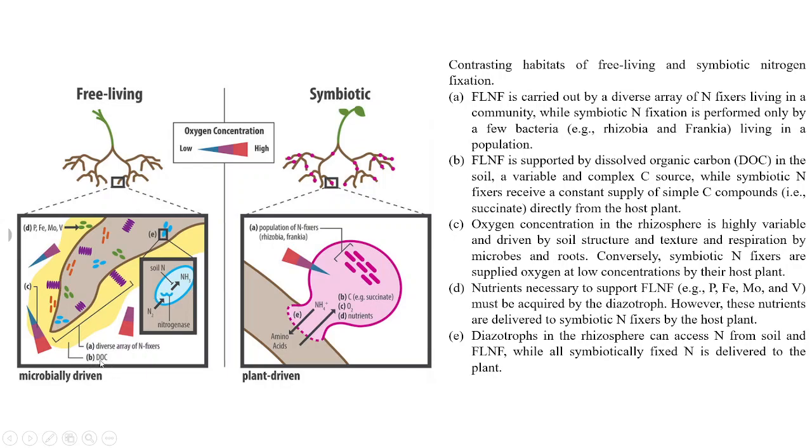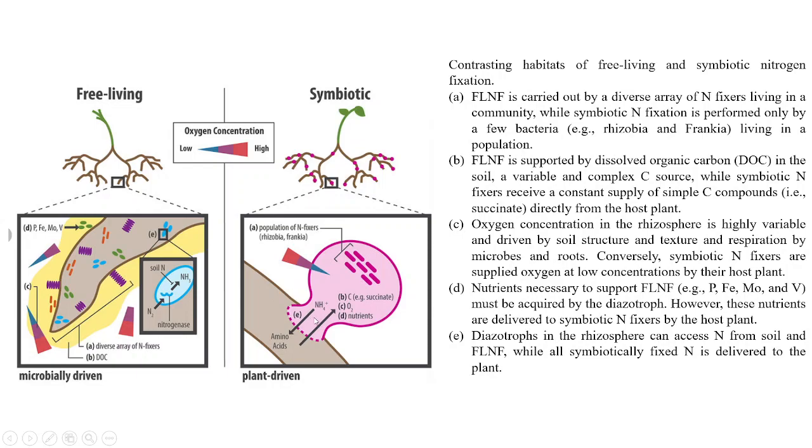Because they are not in any kind of symbiotic relationship with any other organism, they have to get all the nutrients and everything required themselves. So they take dissolved organic carbon from the soil, while symbiotic nitrogen fixers receive a constant supply of simple carbon compounds.